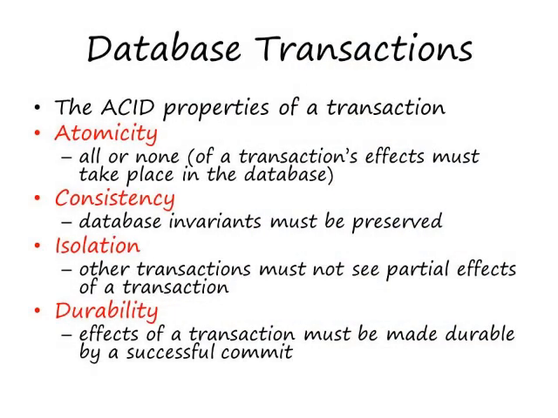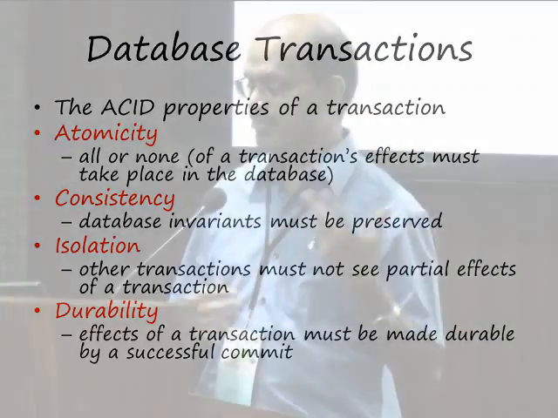You might have heard of the acronym ACID, the properties of a transaction. The database people enumerate several desirable characteristics for transactions. The acronym ACID stands for atomicity, consistency, isolation, and durability. Atomicity basically means that either all or none of a transaction's effects must take place in the database.